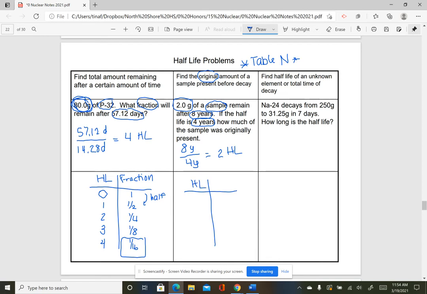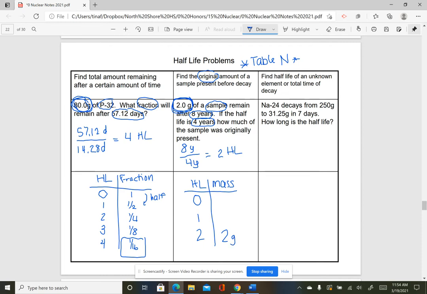Half-life. Now they gave me mass here. The question doesn't say anything about fraction, so I'm going to title this mass. Okay. I'm going to number my half-life column. Always starts at 0. For this problem, I know that 2 half-lives went by. So they're telling me that 2 grams remained after 8 days.